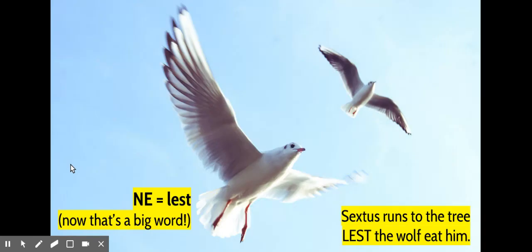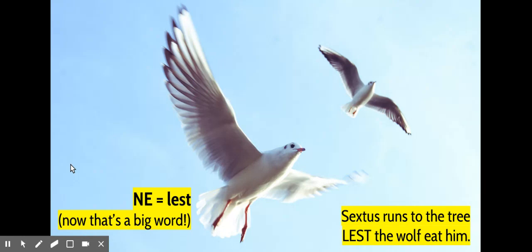Now, ne, you saw, means so that something would not happen. But in English, we actually have a really simple way of translating ne, and that is the word lest. I know, it seems like kind of an archaic and weird word. However, lest is a really succinct way of saying so that something might not happen.